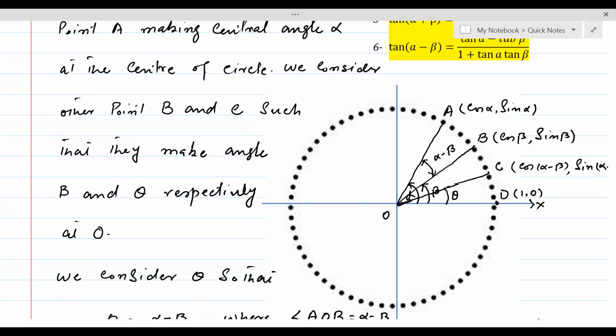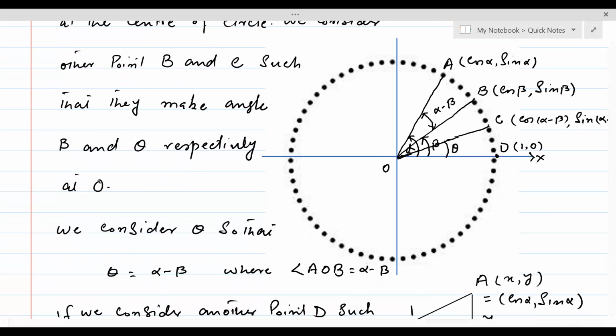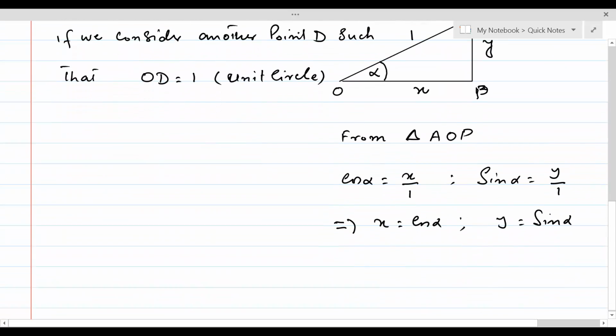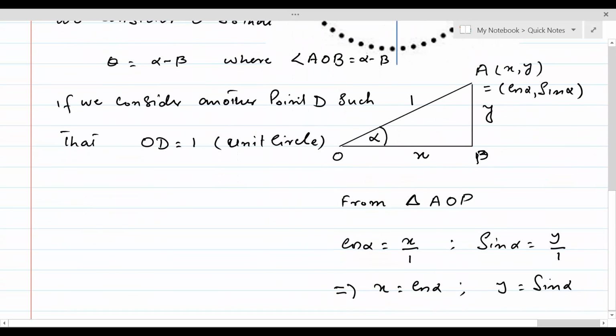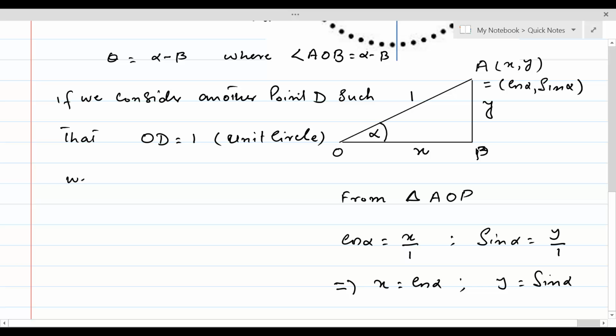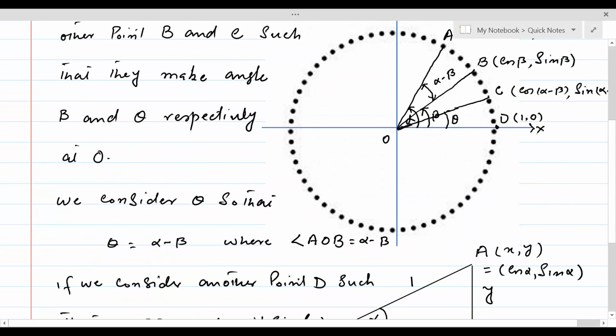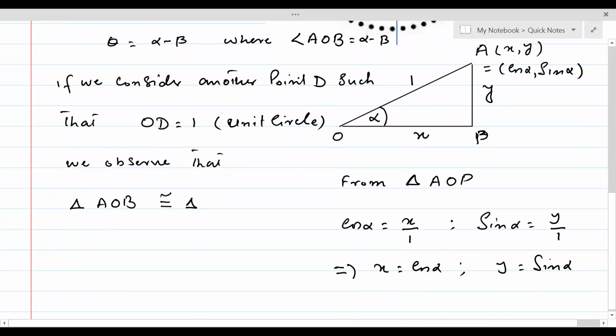So from this point, we observe that triangle AOB is congruent to triangle COD.